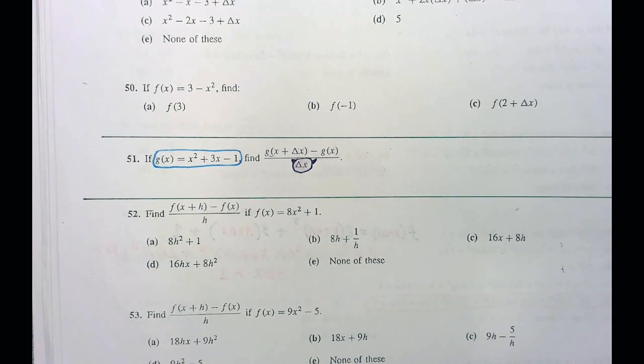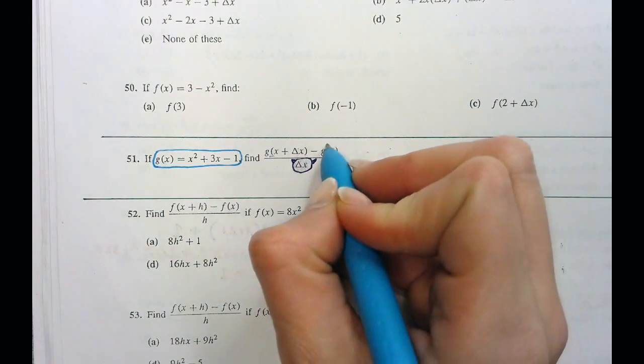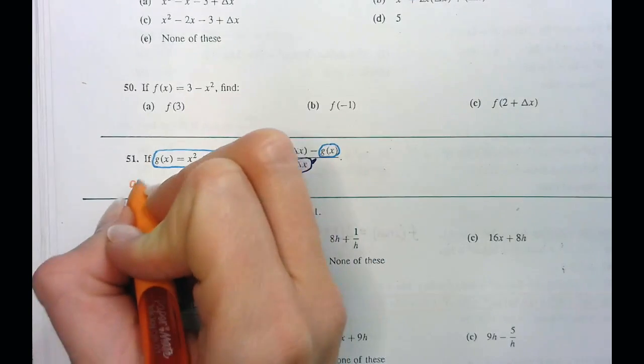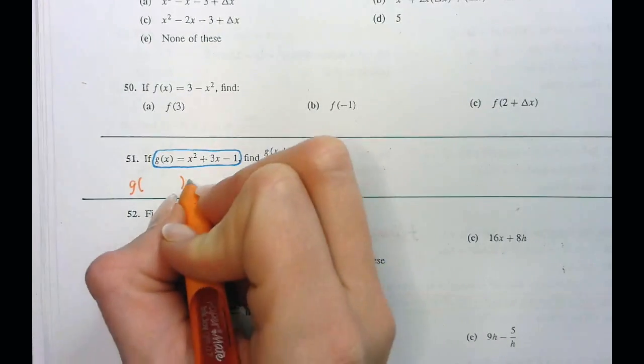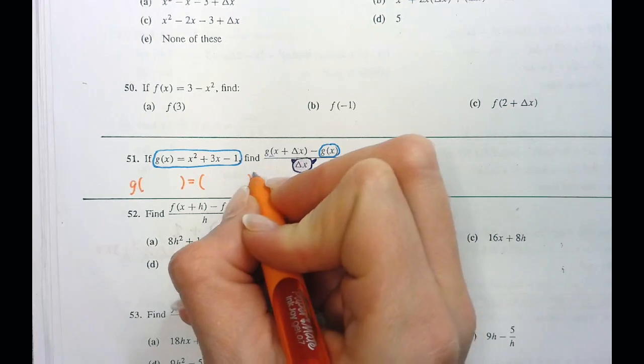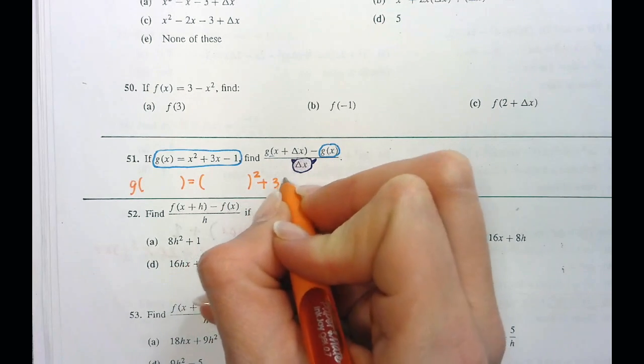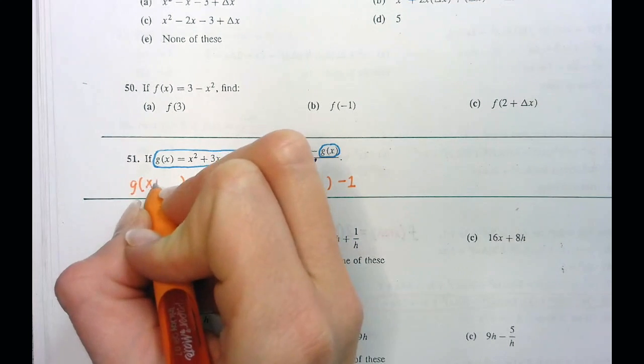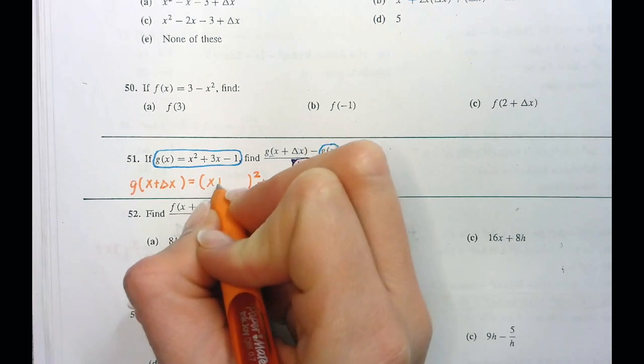Okay, a couple things. That's g of x. Where do I need g of x? Well, it's in blue. G of x will be right there. In orange over here, I'm going to find the g of x plus delta x. Some of you will hopefully be able to do this all in one big step. I have confidence in you. But I'm showing the work right now.